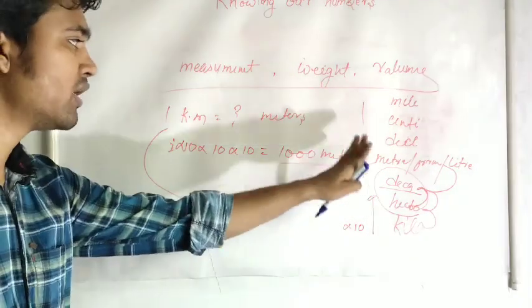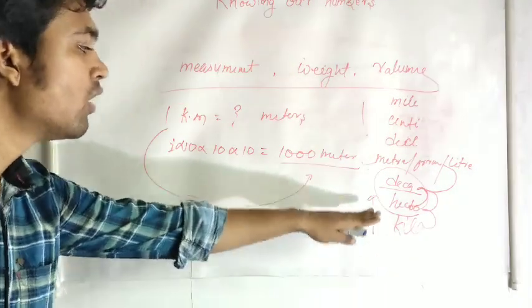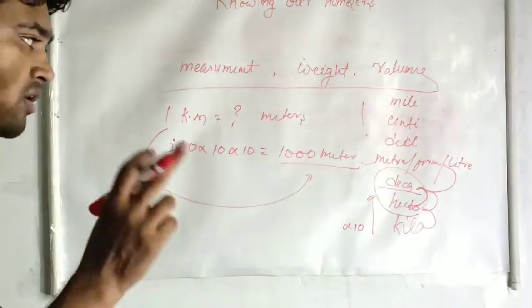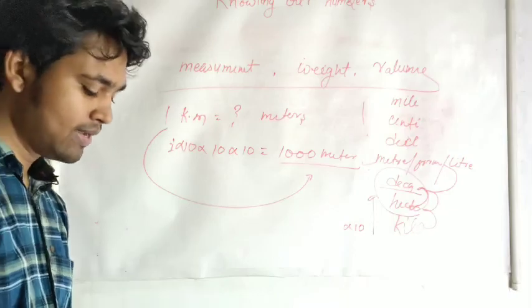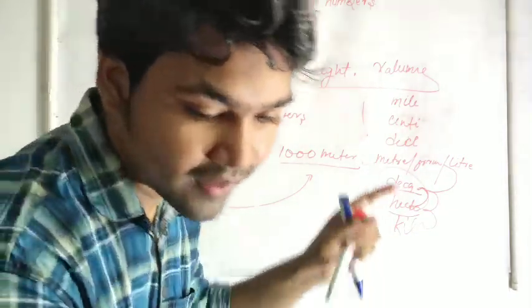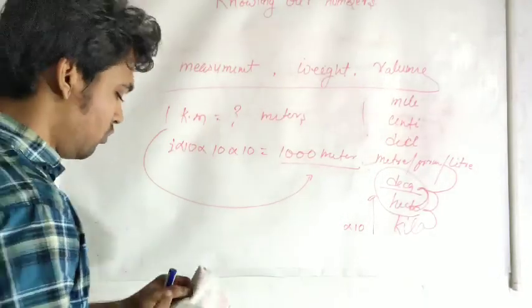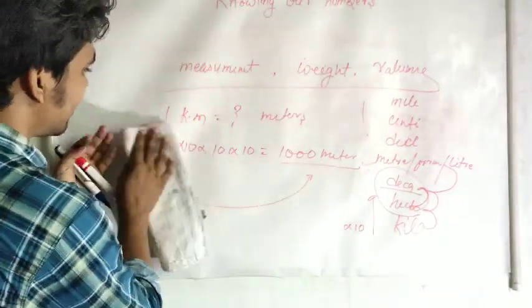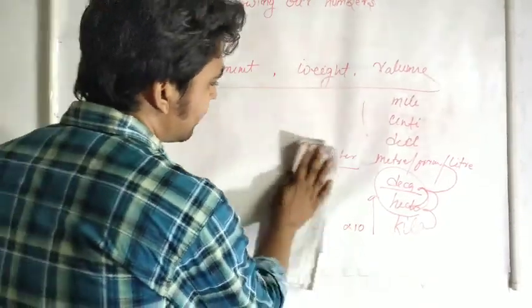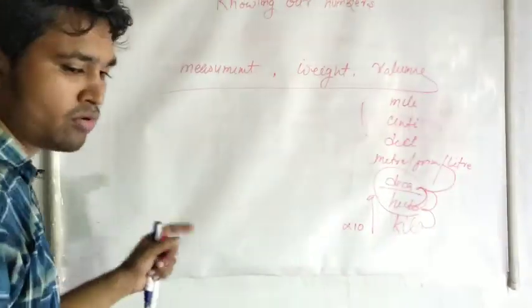So I hope you understand that when we go up from the lower side, for every place there will be an increase of 10 times, and when we go down from the upper side, there will be a decrease of 10 times. We will also discuss that here.